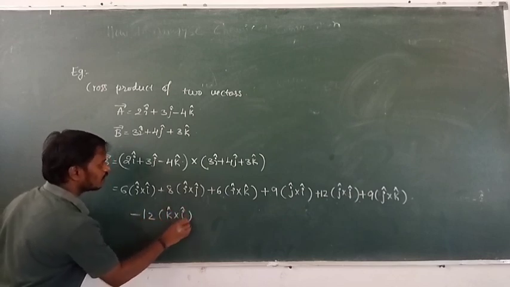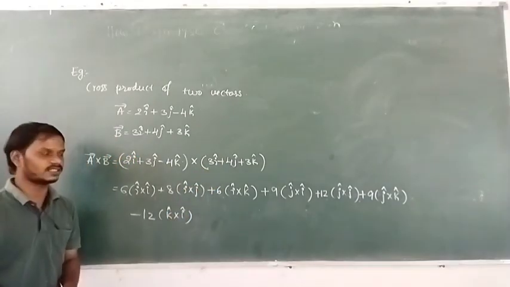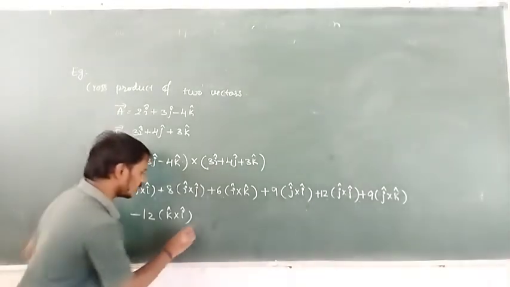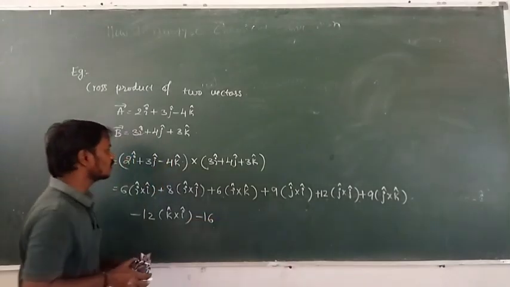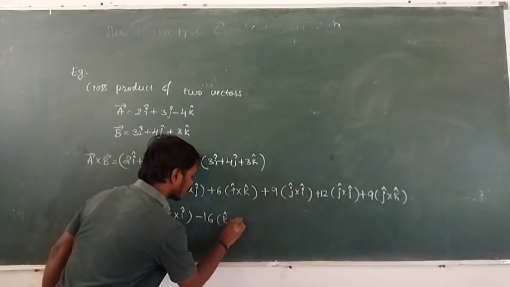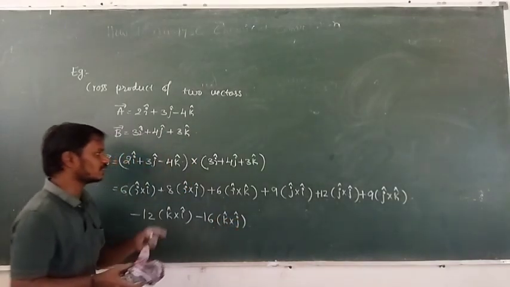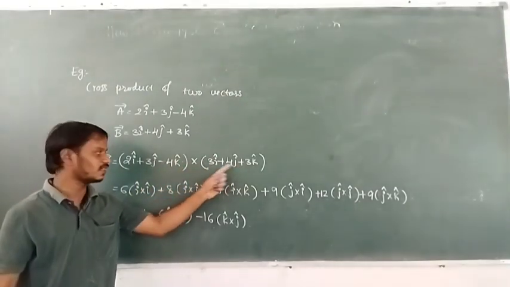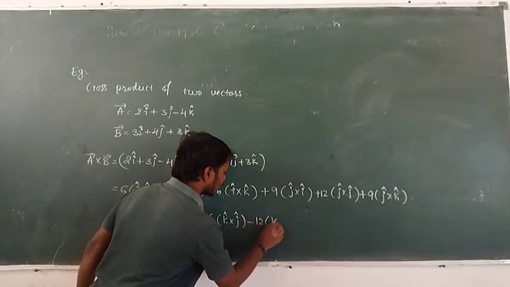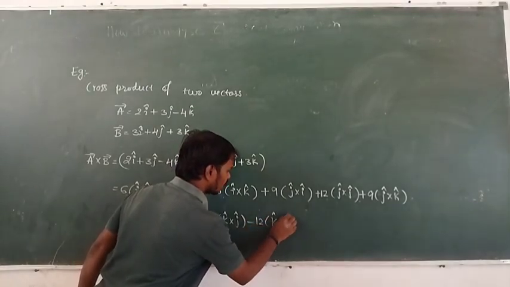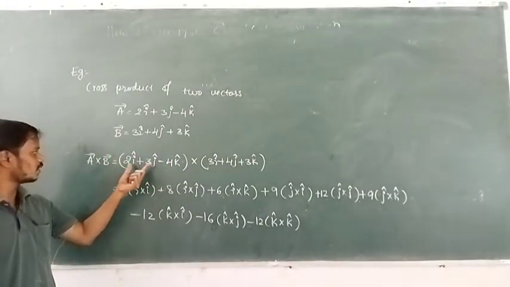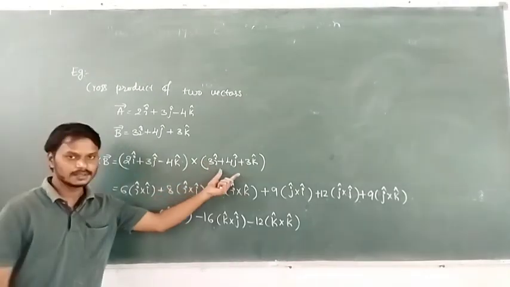Then minus 4 into plus 4, that is minus 16, then k cross j. Then minus 4 into 3, that is minus 12, then k cross k. Okay, this is about the cross product of the first vector A and vector B.